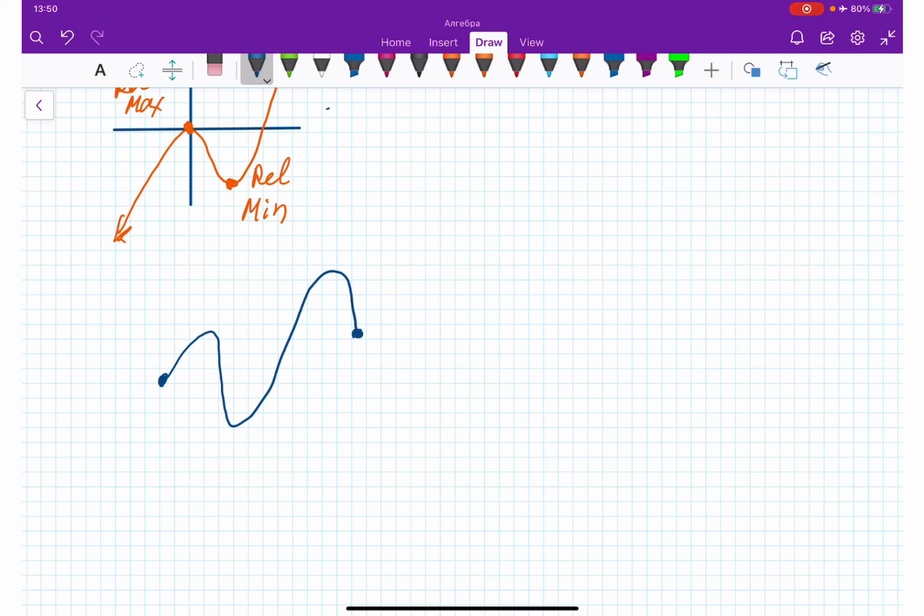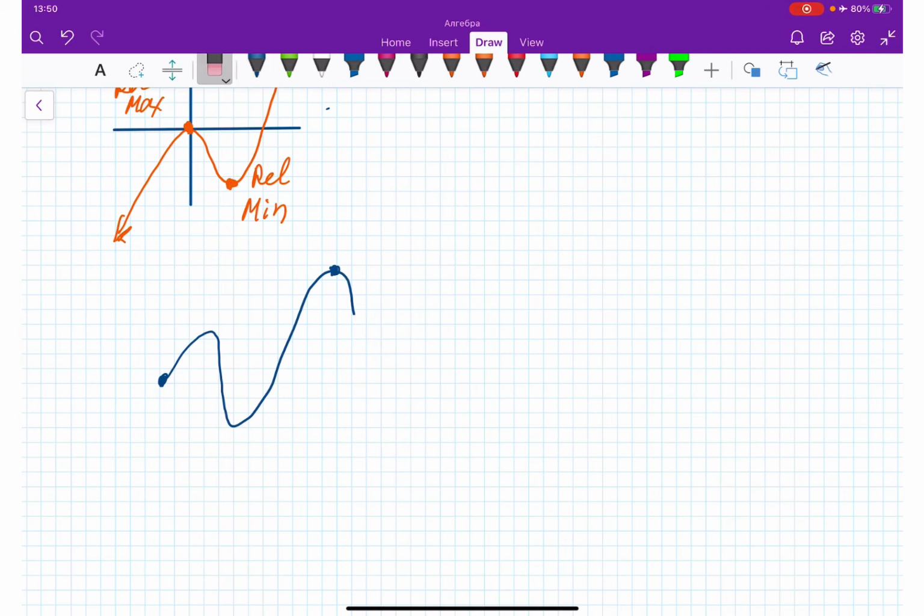And it's a closed interval. So this is the highest point, right? On this interval. This is gonna be, let me do some more.